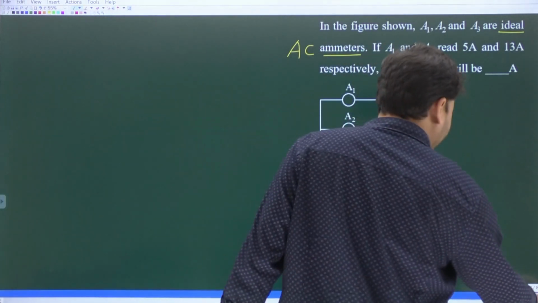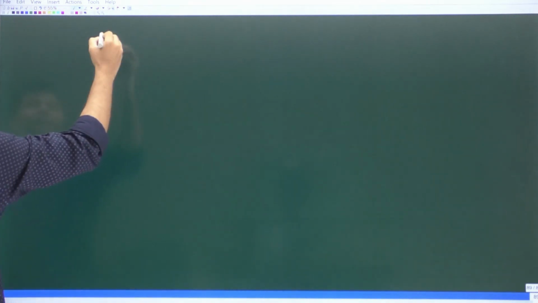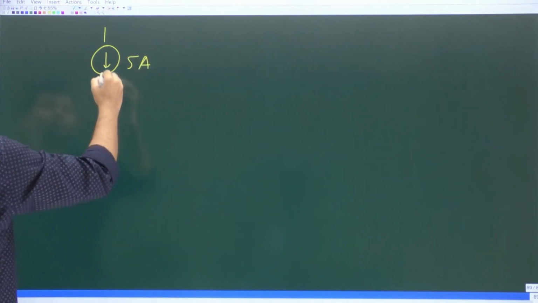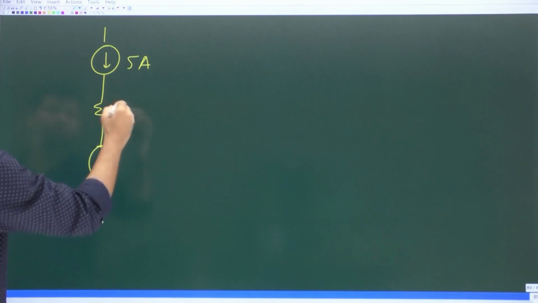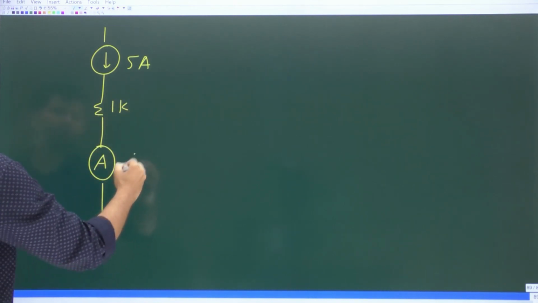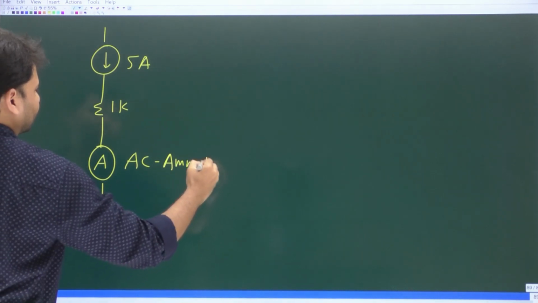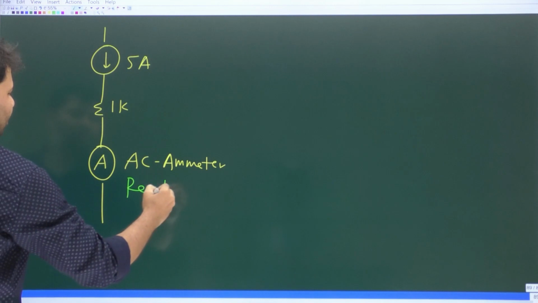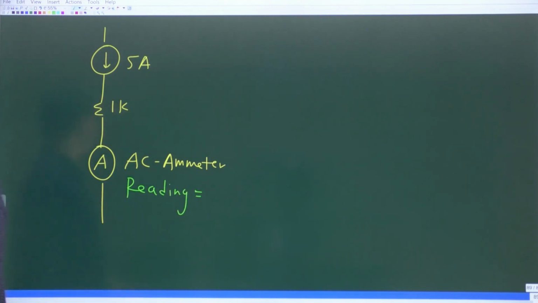Okay. So for instance, let's say you have something like this. Please tell me what is the reading on the AC ammeter going to be in this case.